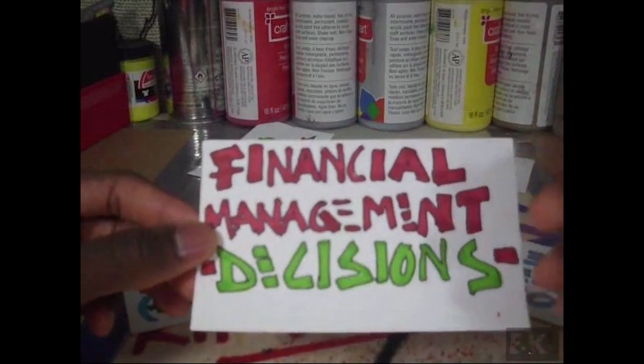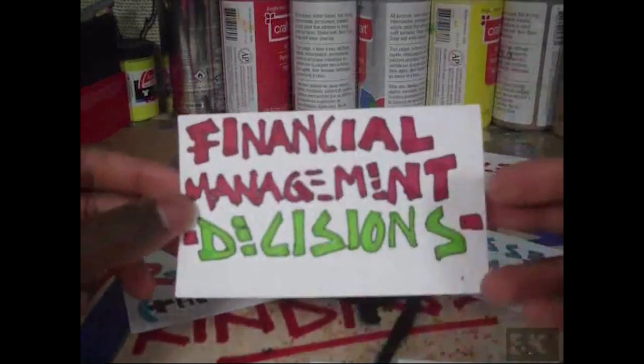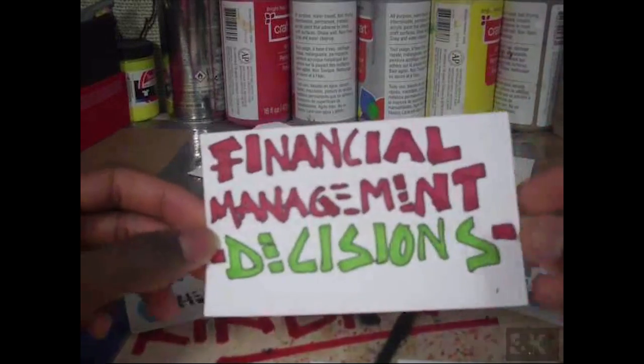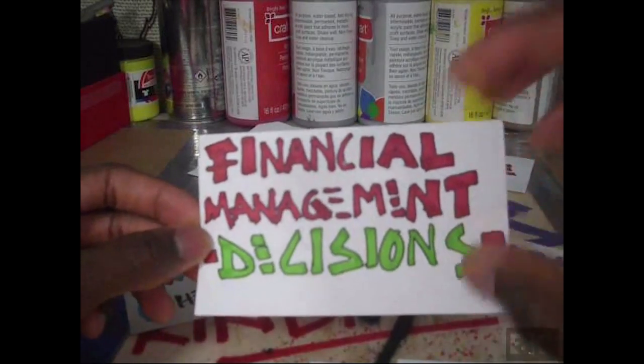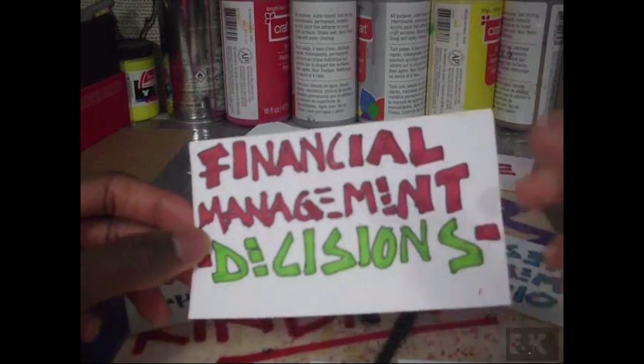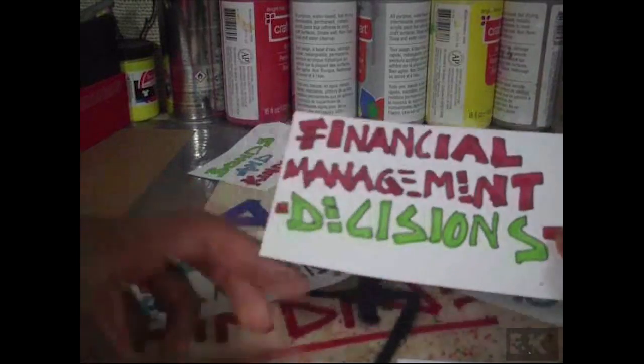So should we borrow more? Well, this ratio is giving me a clue that we're actually in trouble, so maybe we shouldn't borrow anymore, or maybe we need to start improving this side of our balance sheet. So we're going to set some goals, and we're going to use ratios to give us clues as to our performance and what our targets are. All right, so they help us make decisions.